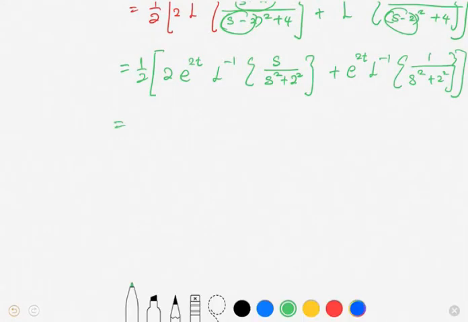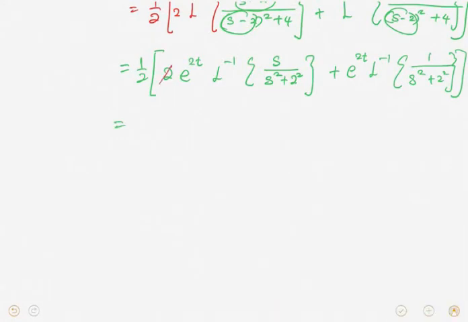Okay, we can cancel out the 2 here. So you have exponent 2t. This is the format of the cos. So cos 2t. And then plus half of the exponent 2t.